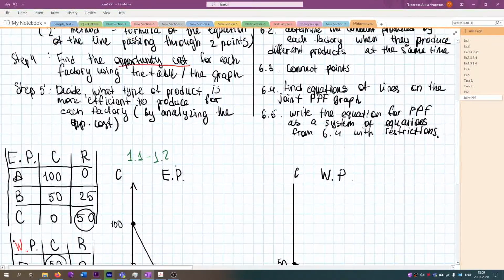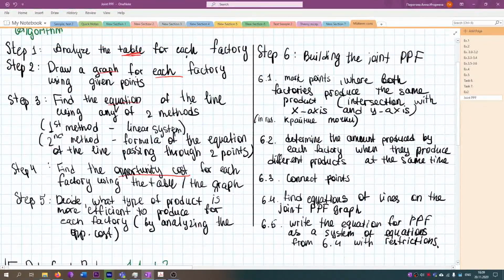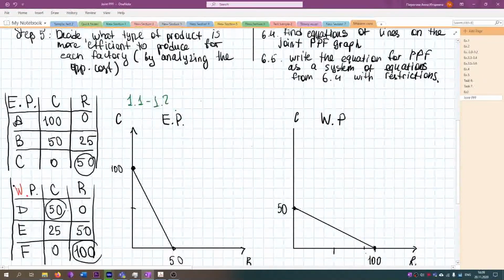So we have made a graph for each factory with given points. Now let's find the equation of the line using any of two methods.